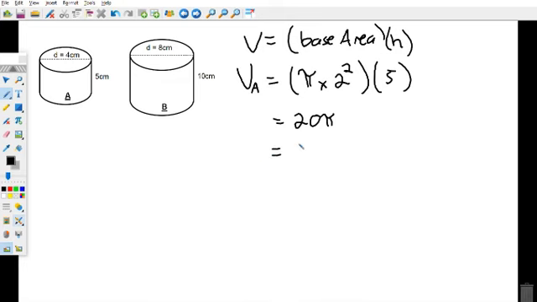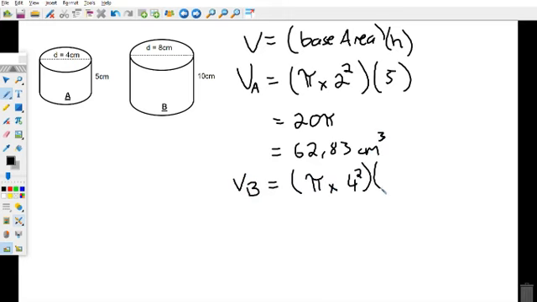I'm just going to write in here 62.83. Then we're going to look at the volume for B, the same thing, but now it's going to be pi times 4 squared, and my height is 10.